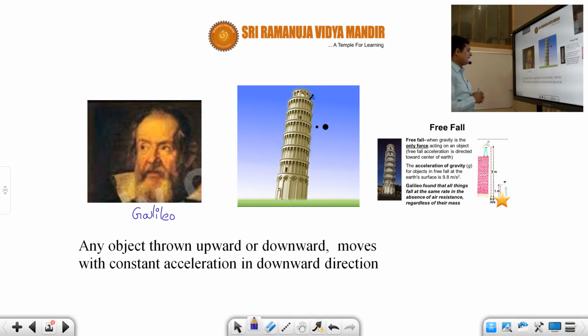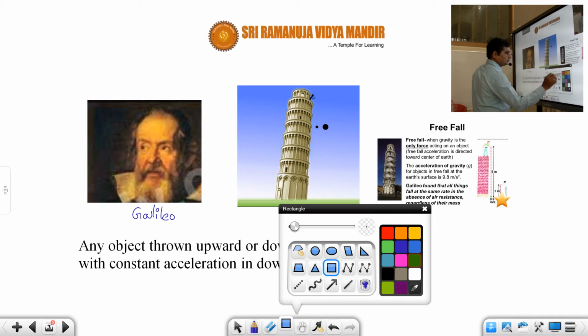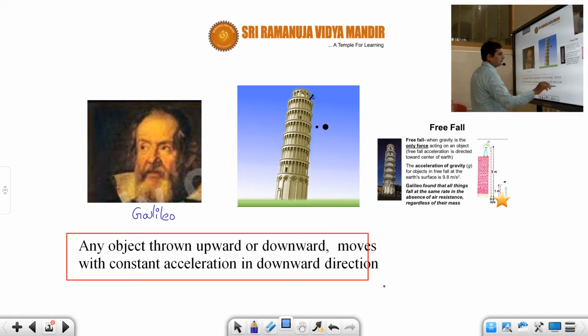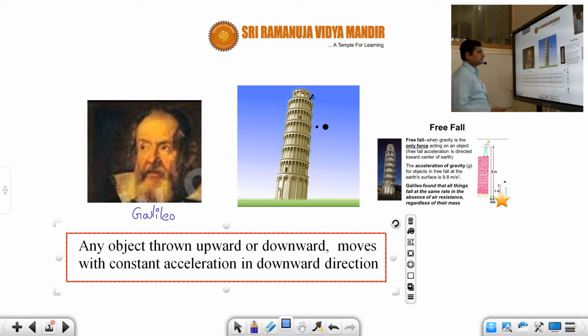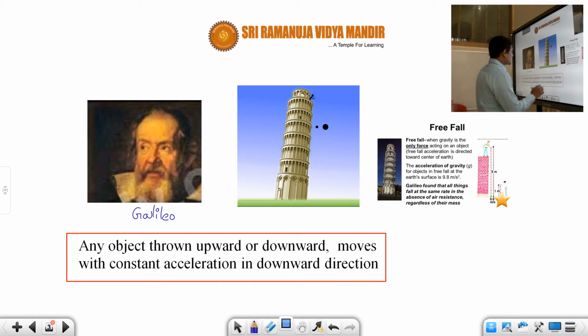The observation that he made is that any object thrown upward or downward, he did experiments both downward as well as upward, moves with constant acceleration in the downward direction. And what is the value of that constant acceleration, students? All of you know.